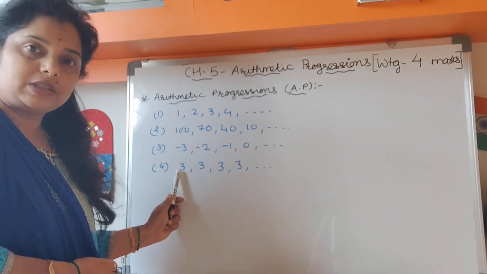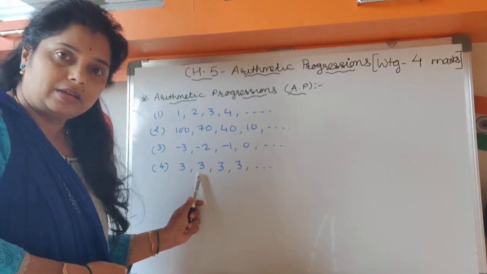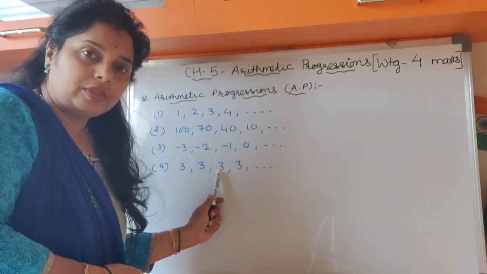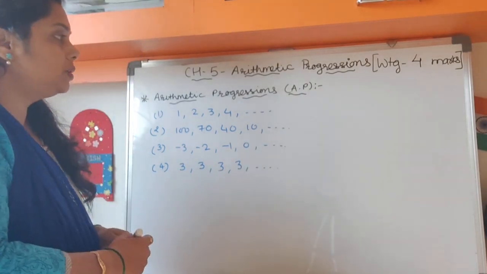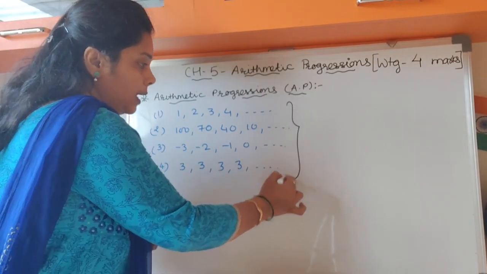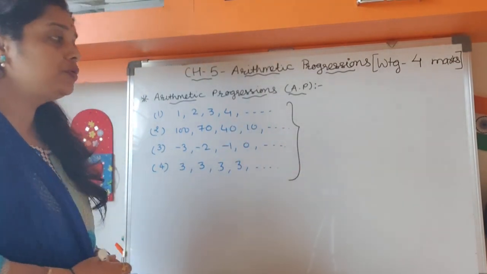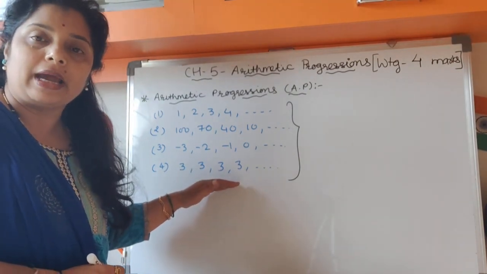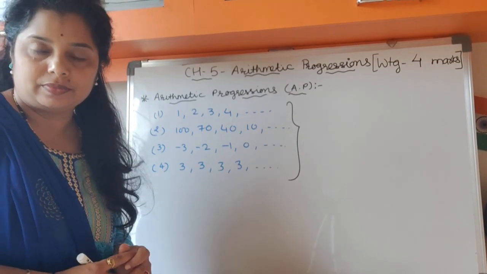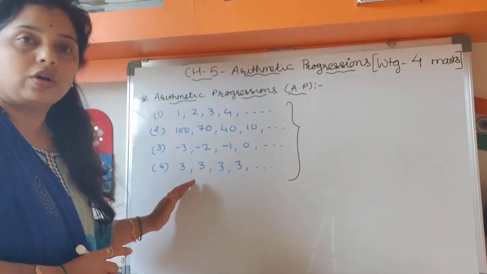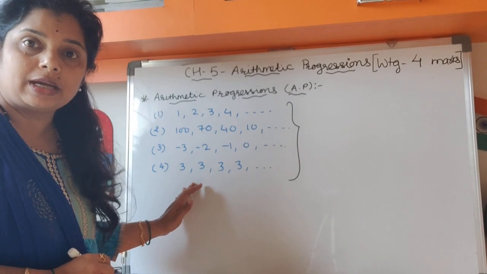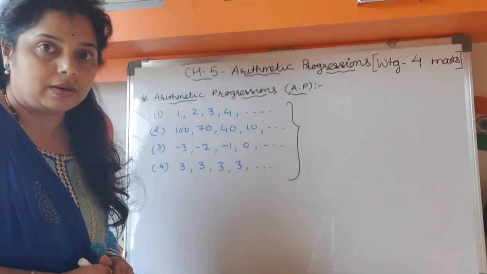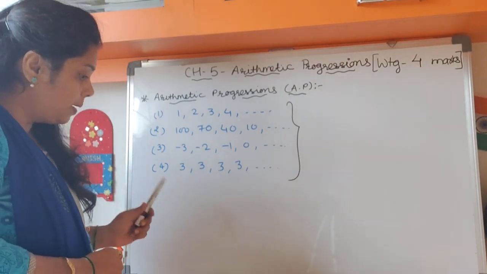For example, first term is 3. If we add 0, we get the second term. Again, if we add 0 to the second term, we get the third term. Like this. So from all these examples, you notice that the succeeding term we get by adding a fixed number. I repeat again, from all these examples, you notice that the succeeding term we get by adding a fixed number.